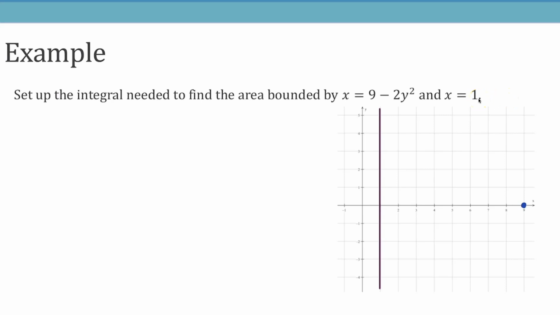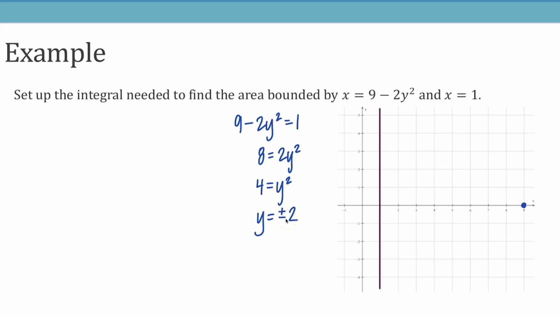So I'm going to set the two functions equal to each other. 9 minus 2y squared equal to 1. And I'll add the 2y squared and subtract the 1 to get 8 equals 2y squared. Divide both sides by 2, I'll get 4 equals y squared. And so I'll get y is equal to plus or minus 2.